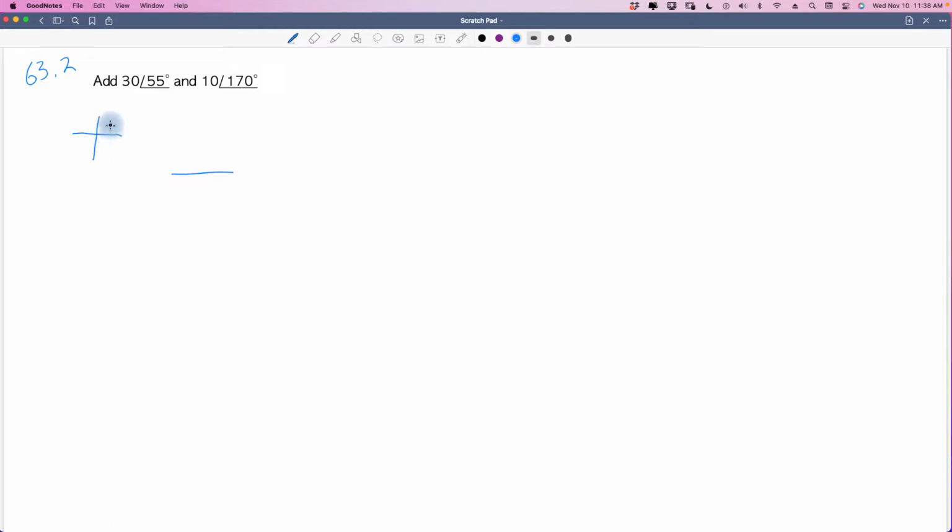So 55 is going to be a little bit more than half because 45 would be half. And 30 is kind of long, so it's going to be steep. So it's going to look something like this when we draw it out. Okay, and we know that this is 30, and we know that this is 55.